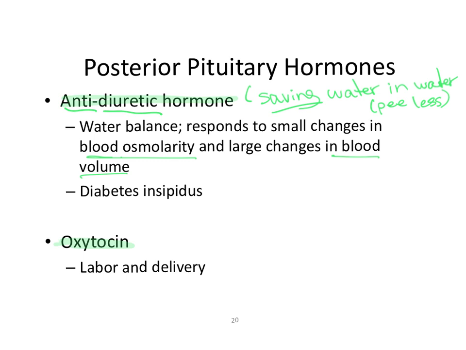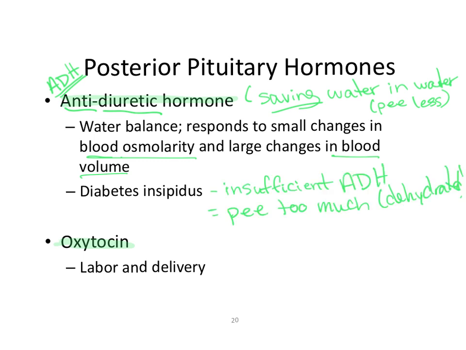If you don't make enough antidiuretic hormone, and let me just, by the way, this is abbreviated ADH, you have diabetes insipidus. Wait, Dr. Long, I thought diabetes meant your blood sugar was out of whack. No, diabetes means that you pee too much.